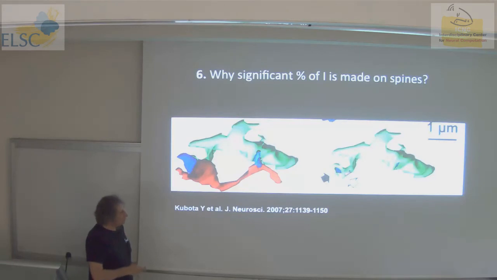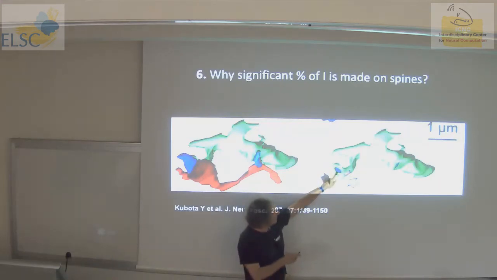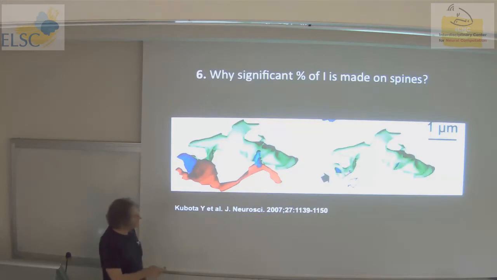We have known for many years, since the first EM reconstruction of cortical neurons, that almost every dendritic spine has an excitatory synapse onto it. But some dendritic spines also sometimes get an inhibitory synapse.